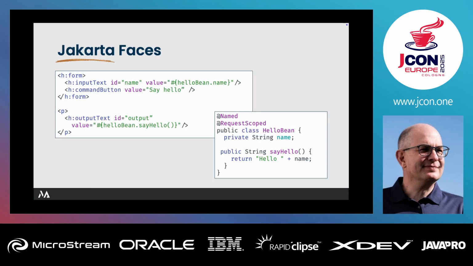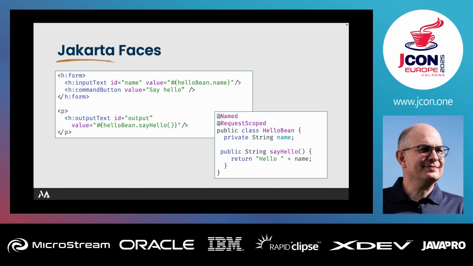Jakarta Faces consists of two parts. Usually you have a template, and the template looks like HTML, but the input text and the command button, so everything that has the H prefix or namespace here is a JSF component. So you don't use HTML components like an input field or a button. You use components from Jakarta Faces.